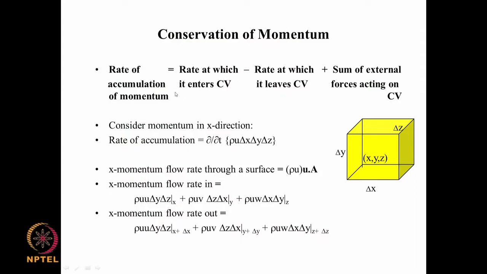So the rate at which the fluid enters the control volume with its linear momentum, minus the rate at which the linear momentum leaves the control volume, carried away by the fluid particles that are leaving.